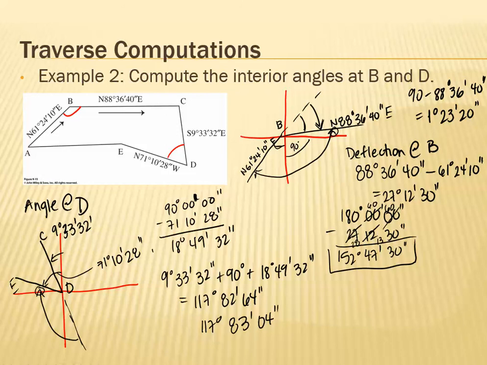What did we just figure out, by the way? So what we just figured out was this angle that we need, which is the 117, is from here to here. Okay, that's what that is. And you're like, well, how does that help me? Well, it does, because now to find my interior angle, all I have to do is subtract that from 180.